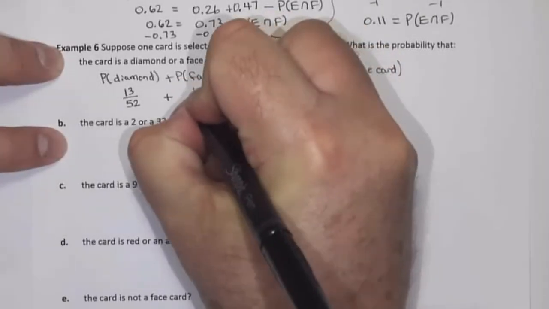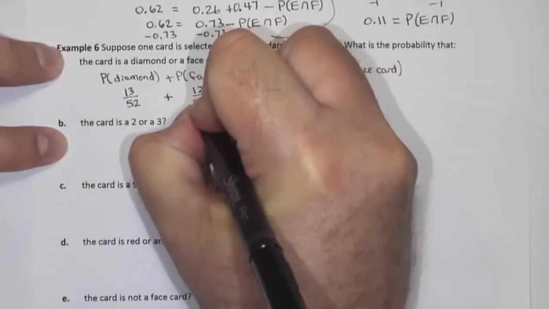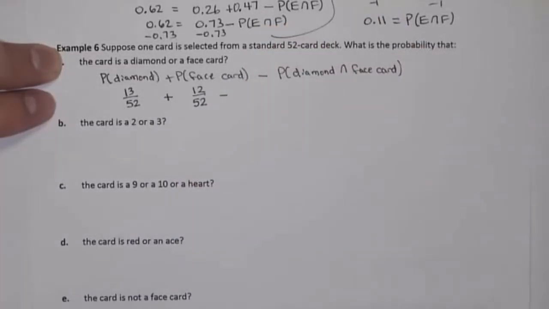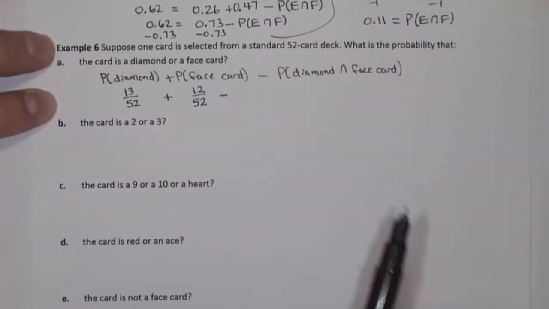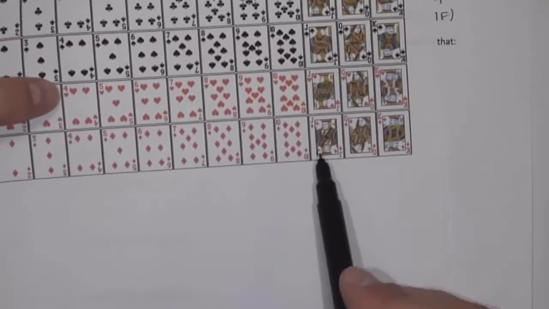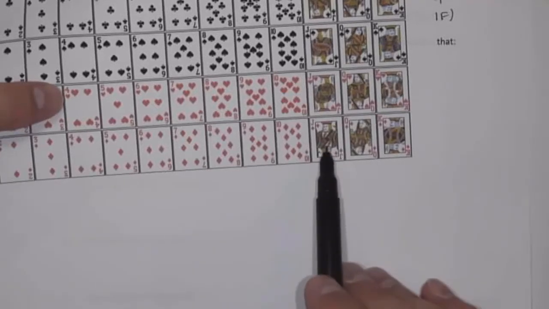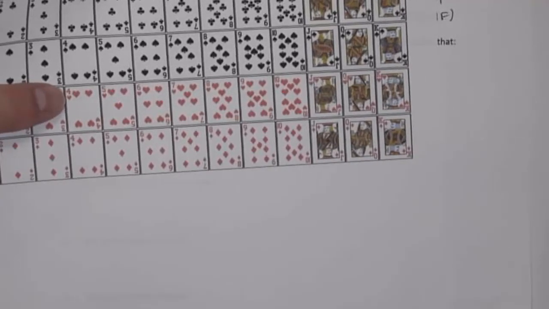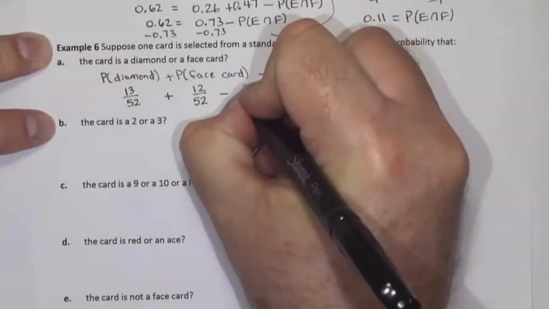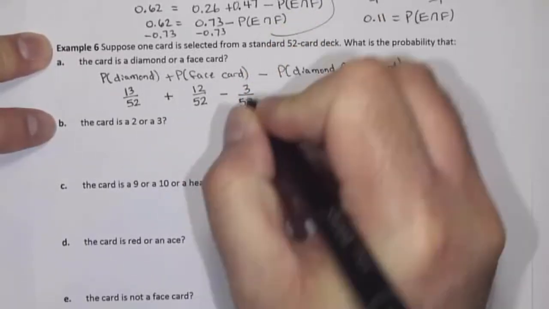So we're going to add 12 out of 52. Now, minus the probability of being a diamond and a face card, so the intersection of diamonds and face cards. Well, if we look down here at the diamonds, there are 3 face cards that are diamonds. So we're going to subtract out 3 out of 52.